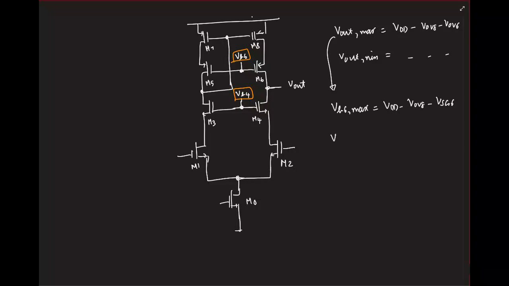So now I have to generate some bias voltage, which is this: V overdrive of one transistor minus source to gate of another transistor. So any starters? See, the question is, we saw that if you want to have this maximum output swing, the bias voltage VB6 must be at this voltage.